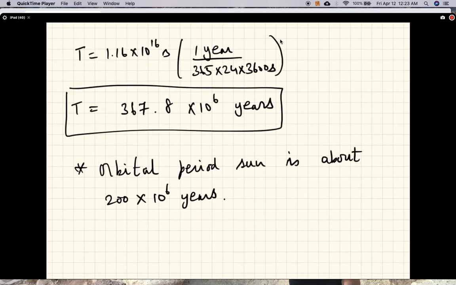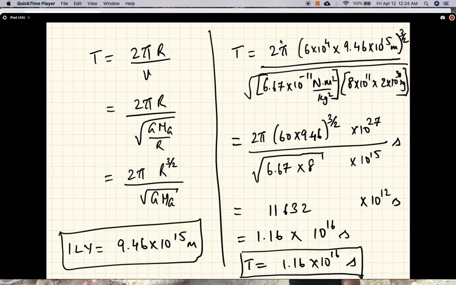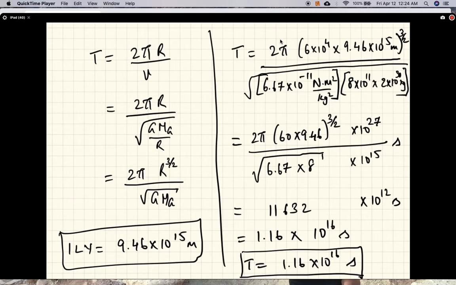We need to add a page below. So T is 2 pi times r to the power 3/2 over the square root of G M_g. That's the expression.